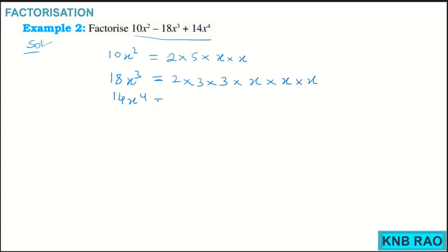Further, 14 can be written as 2 into 7 into x into x into x into x, because x to the power 4 means multiplying x by itself 4 times.